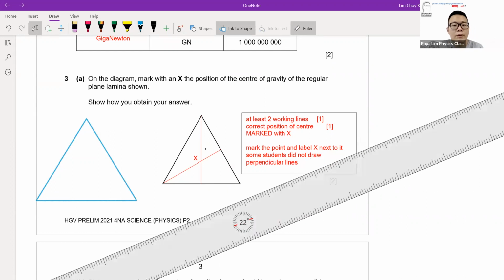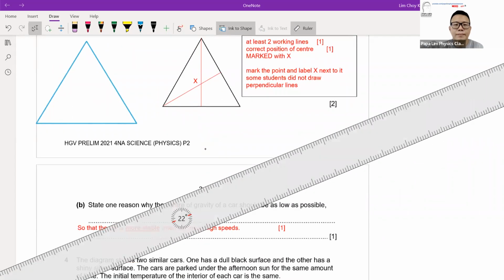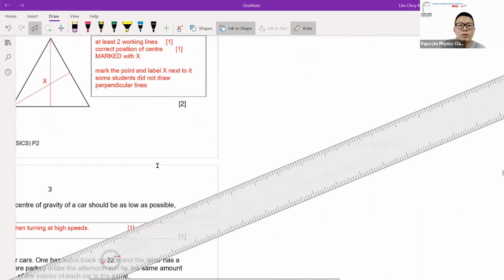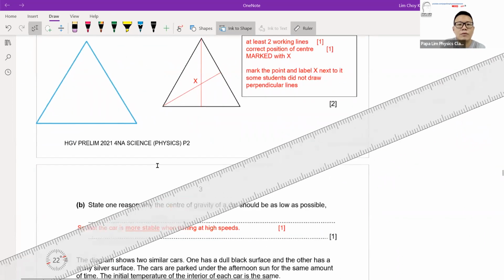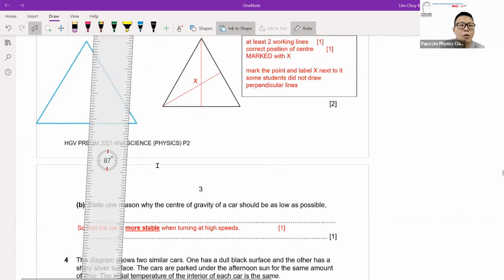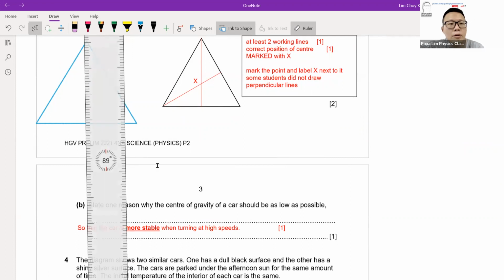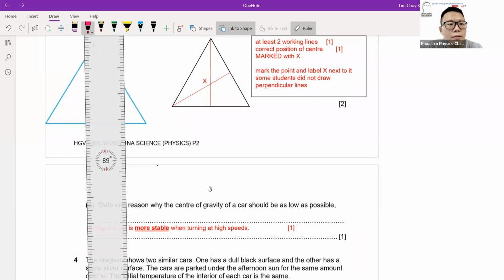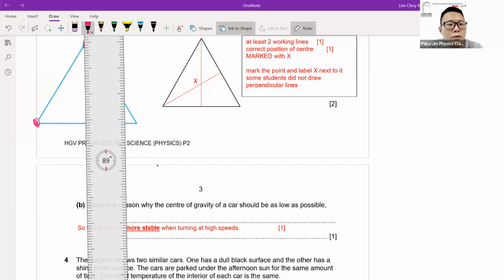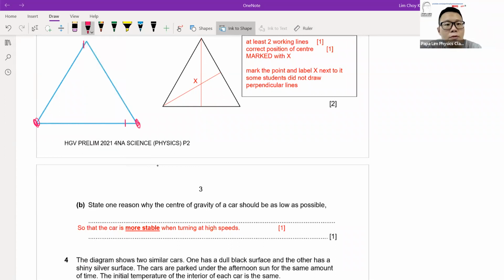What I do at the beginning is, for each of the corners, or vertexes, of the triangle, I will drop a vertical line.